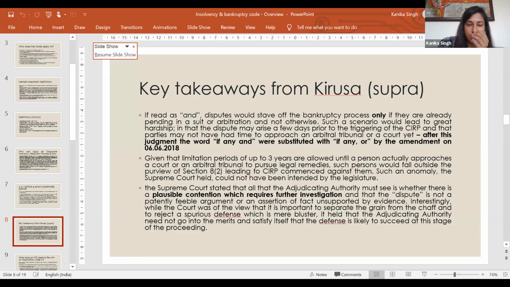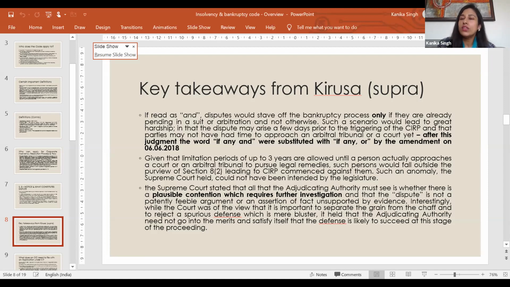And if we have the slide on your screen, if we see the third para of the said slide, that basically gives what is the guiding factor that the NCLT has to see when a corporate debtor raises a plea of a dispute. And the words that I've put in bold are the words "plausible contention that requires further investigation".